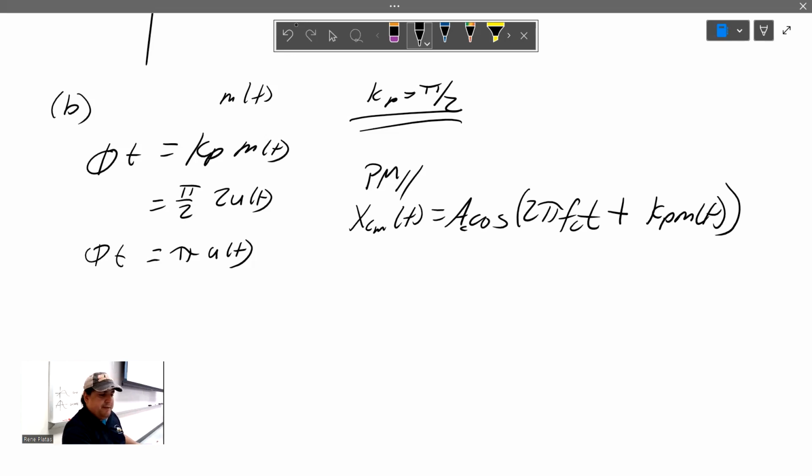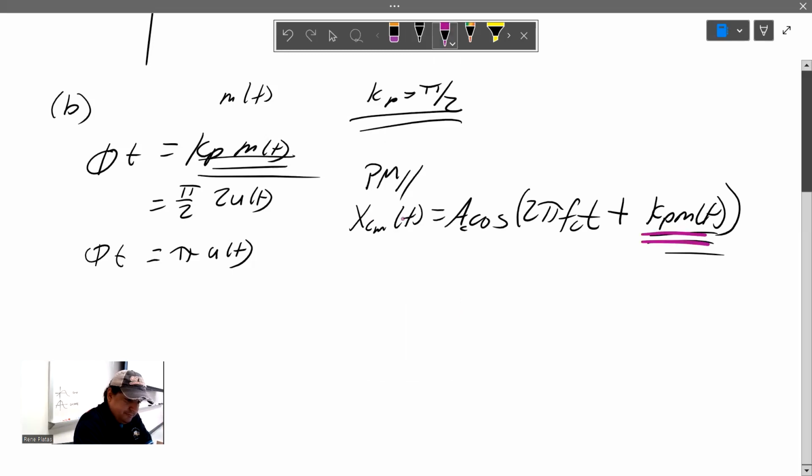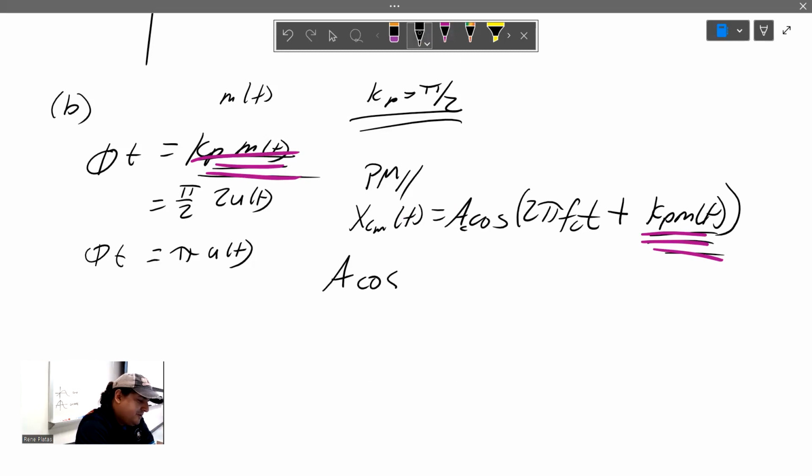Okay, this k_p m(t) is this right here. Let's do it in purple. That's where we got this from. So now we have to redraw it as A cosine of 2 pi f_c t plus pi u(t).